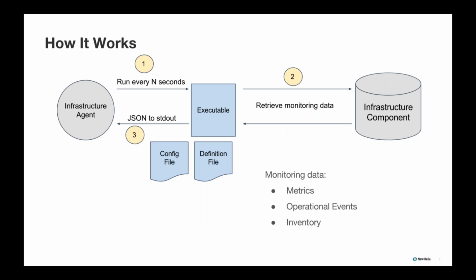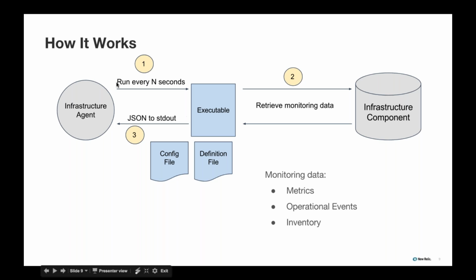So how it works. The infrastructure SDK works alongside the infrastructure agent that you install on the host to monitor things like CPU, memory, disk space, network traffic. And using the SDK, when you build an integration, you set it up on the corresponding host alongside the infrastructure agent.